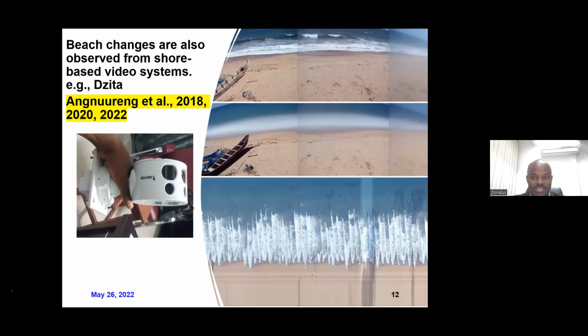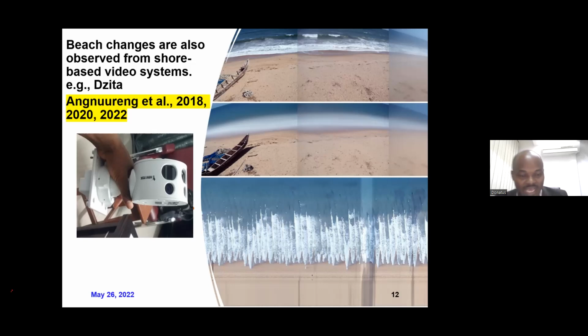And as you can see, we have very high resolution images. It gives us very high frequency, on a 2 Hz scale. The only disadvantage is that it's unable to give us a large scale as satellite will give us. But it can give you important information on your shoreline in terms of erosion, on the waves, and also on beach profile and sediment movement.